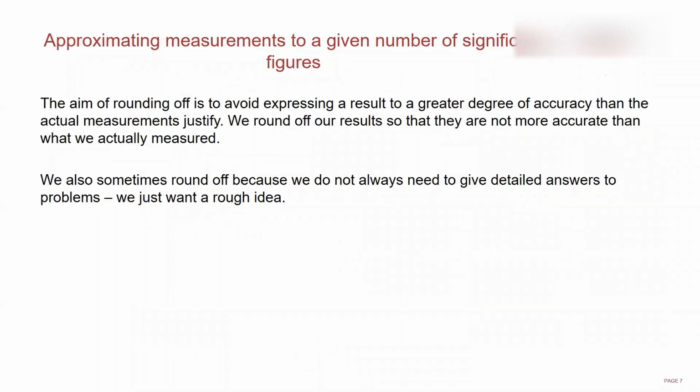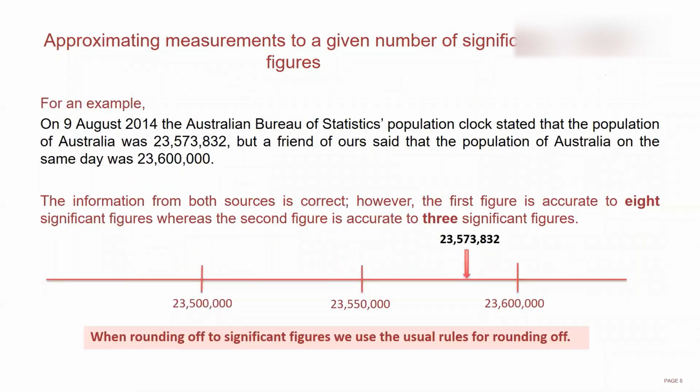Let's take this example. On 9th August 2014, the Australian Bureau of Statistics population clock stated that the population of Australia was 23,573,832. But a friend of ours said that the population of Australia on the same day was 23,600,000.